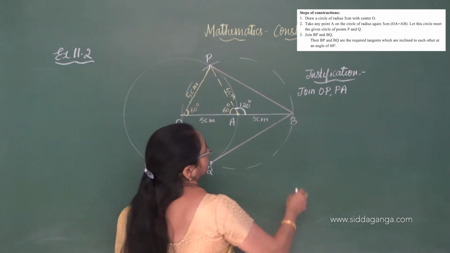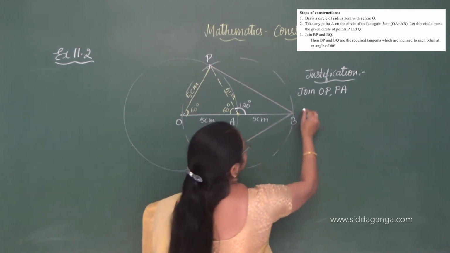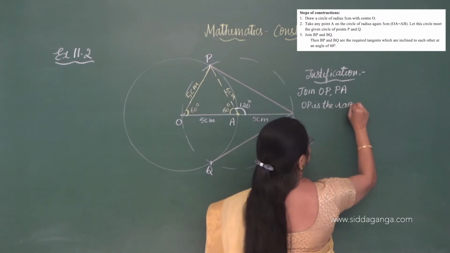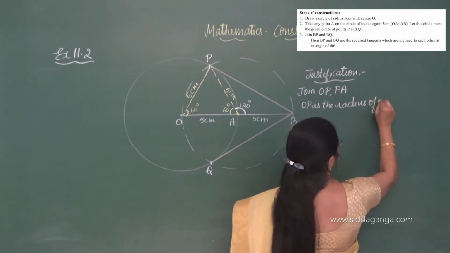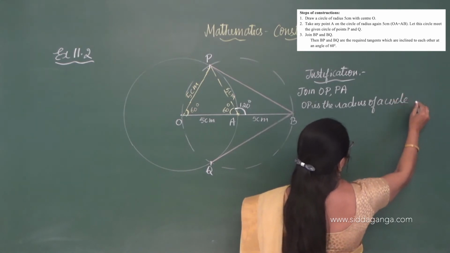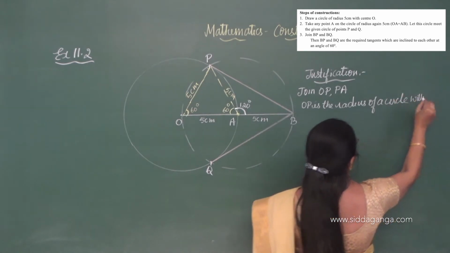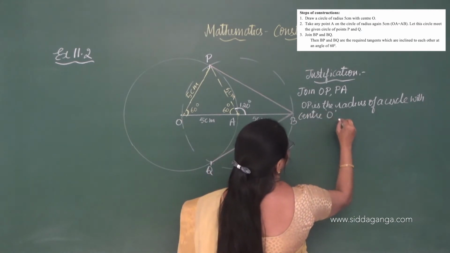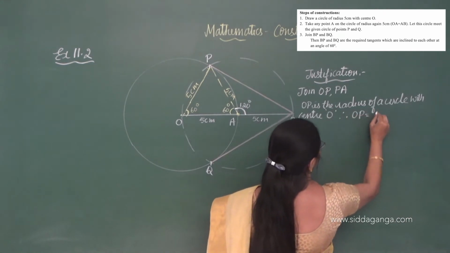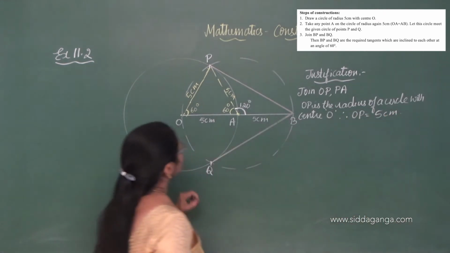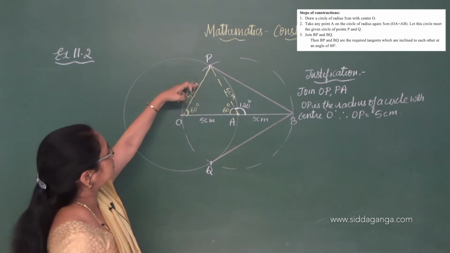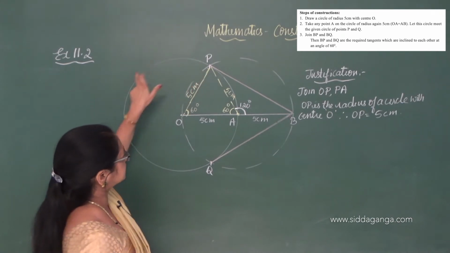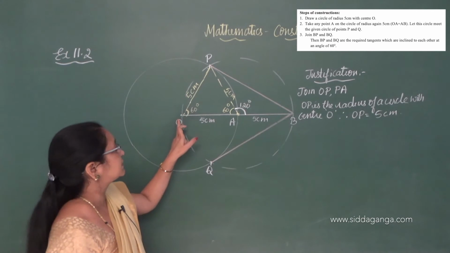Next, OP is the radius of a circle with center O. Therefore, OP is equal to 5 centimeter. Okay, first I have joined this PO or OP and it is 5 centimeter because it is the radius of the circle, that is with the center O.